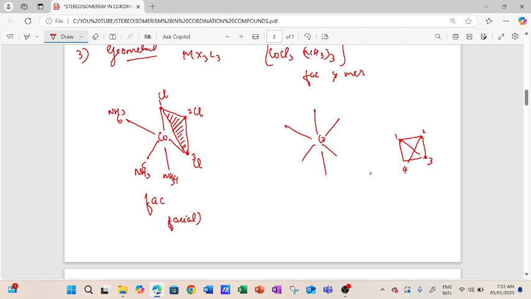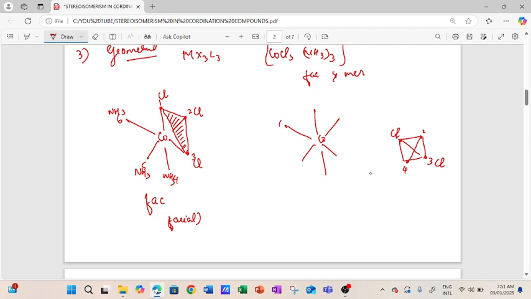Similarly, 2 and 4 form another diagonal. So you take a particular ligand and keep it in the diagonal position. For example, if I am taking chlorine, you keep it in 1 and 3 position, or else you can keep it in 2 and 4 position. So any 2 similar ligands should come in diagonal position. The third ligand can be anywhere because one ligand is 3 in number.